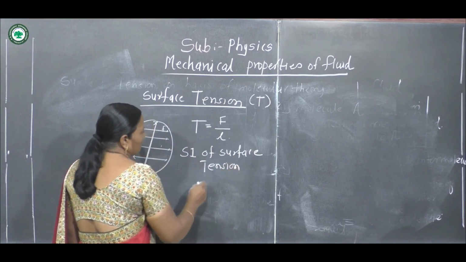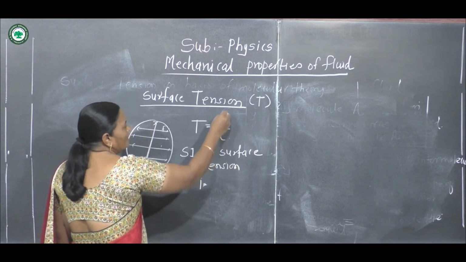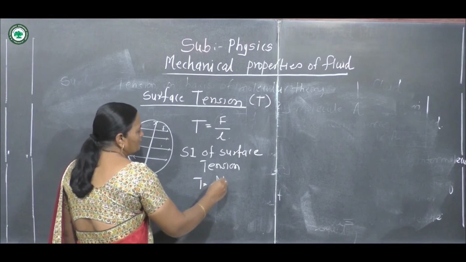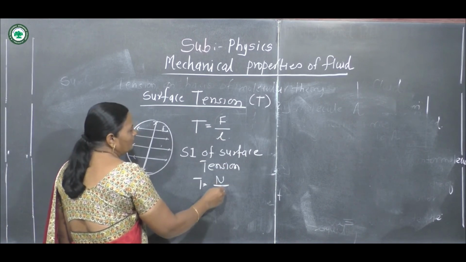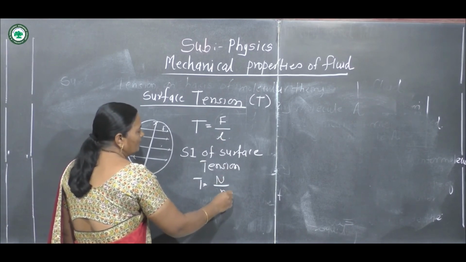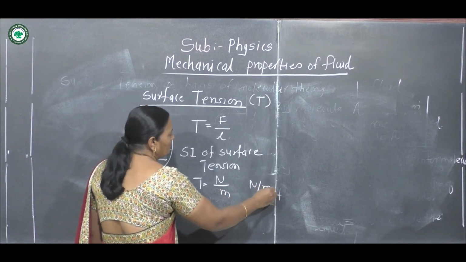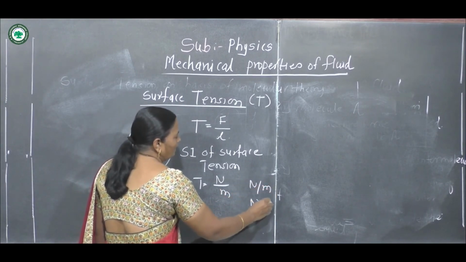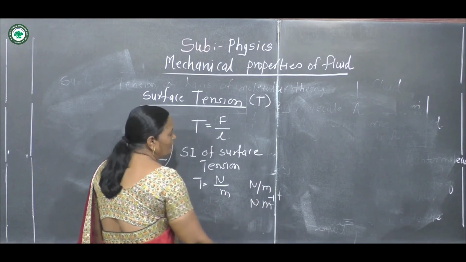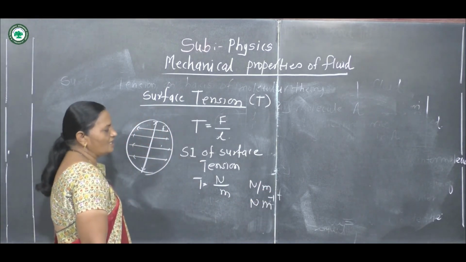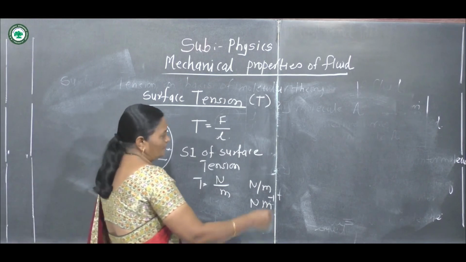Now the SI unit of surface tension. The SI unit of force is Newton, and the SI unit of length is meter. Then the SI unit of surface tension is Newton per meter, or Newton meter inverse.